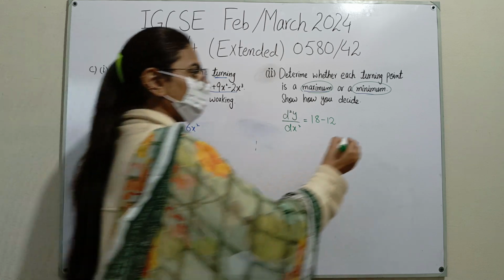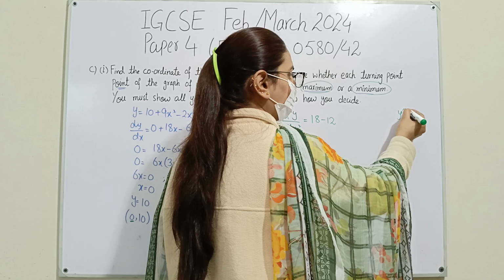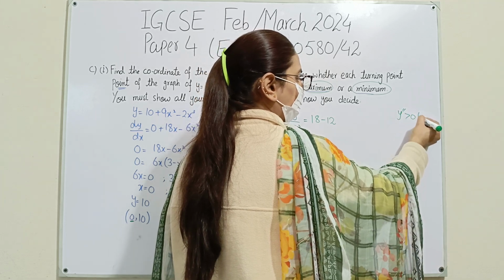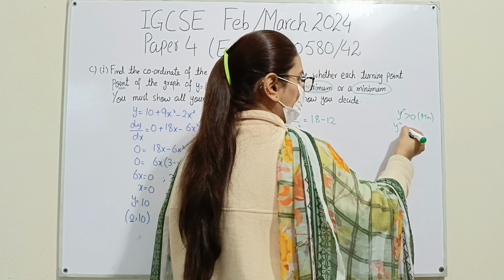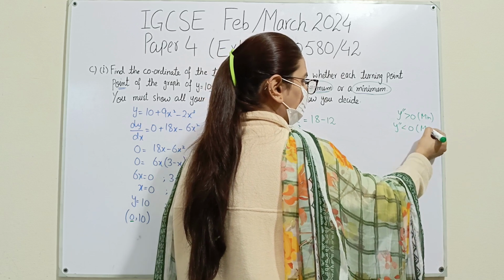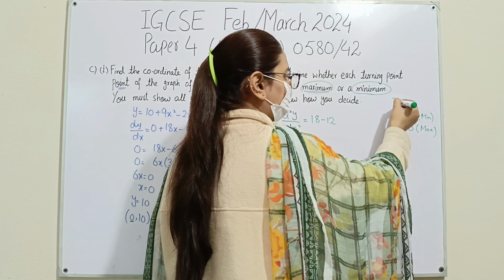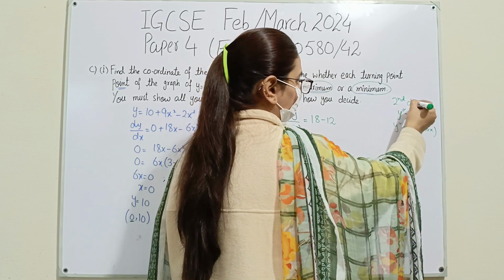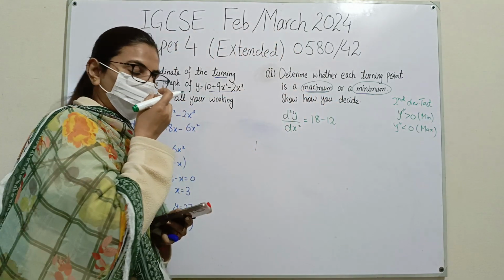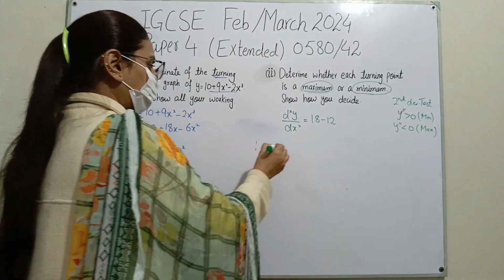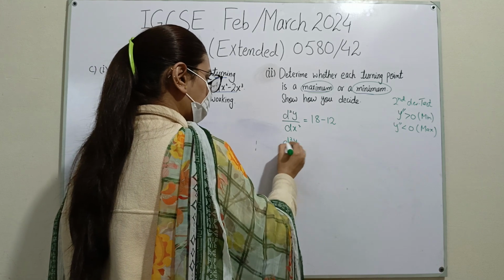If the second derivative is greater than 0, then it will be a minimum. If the second derivative is less than 0, it will be a maximum. This is the second derivative test. You can note it down: second derivative test for relative maxima or minima. So you have to put the values into the second derivative.